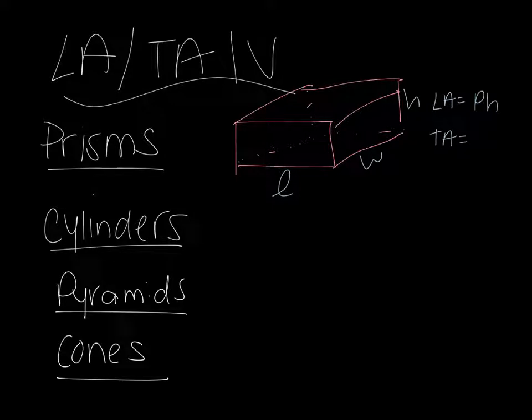The total area is 2 times the base area plus the lateral area, or 2 times the base area plus perimeter times the height. And then the volume is the base area times the height. In a rectangular prism, that's length times width times height, and in a cube, it's side cubed.